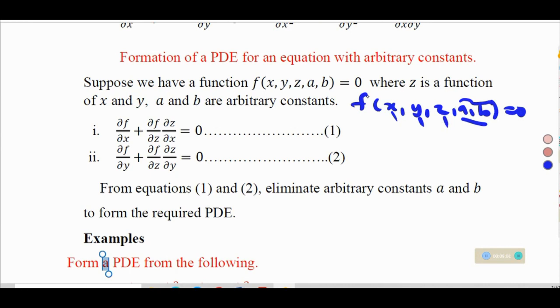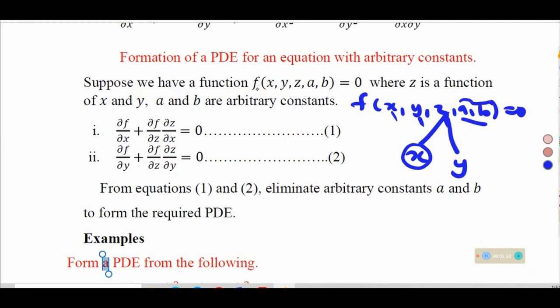We need to take into consideration that for our given function f, which is an equation containing x, y, z, a and b, this z here is a function of x and y. If z is a function of x and y, it means we can get the partial derivatives of z with respect to x, and the partial derivatives of z with respect to y in each of the equations. Now, how do we get that?